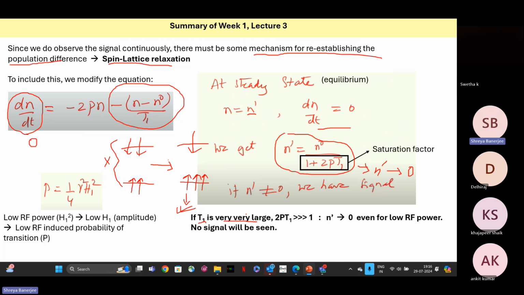If T1 is very large, the denominator becomes very high, so n dash, the population difference at equilibrium, becomes 0. And we have discussed that if the population difference becomes 0, no NMR signal will be seen. So that is the effect of the spin lattice relaxation on the NMR signal.